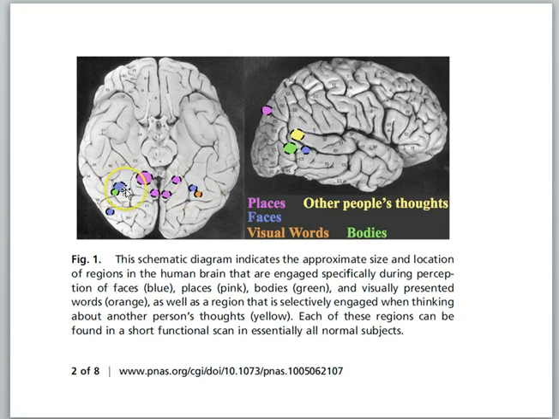So the face area is predominantly on the right side, the right hemisphere. The left hemisphere fusiform gyrus seems to be processing visual words, the form of words in your known language. There are regions that become active when people are thinking about other people's thoughts, looking at bodies and biological motion, etc.